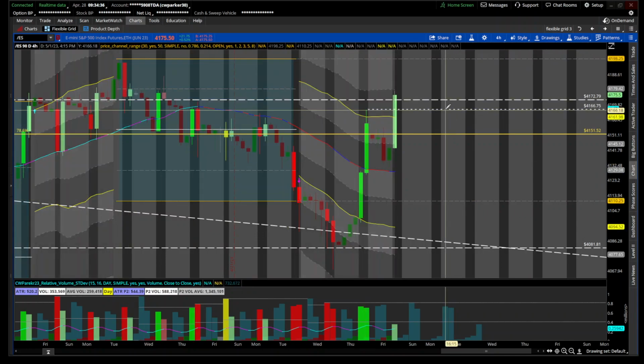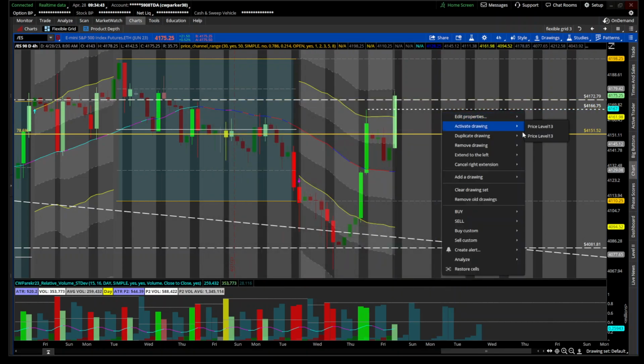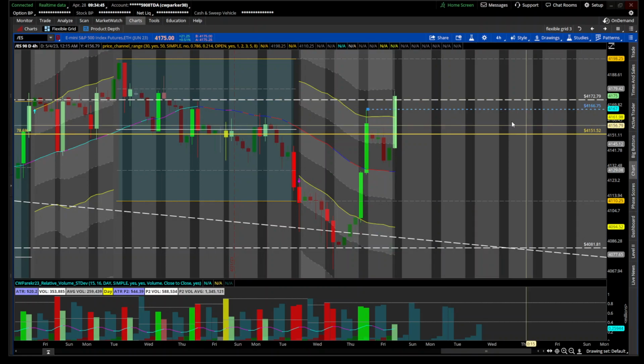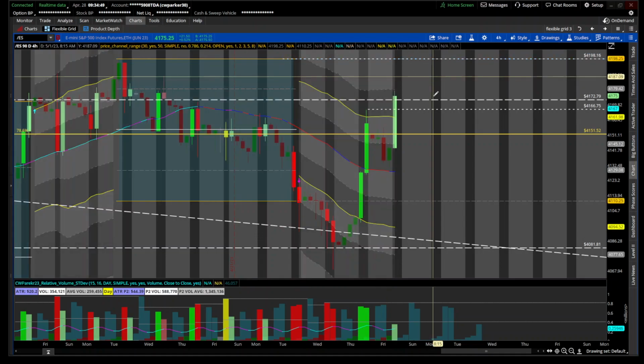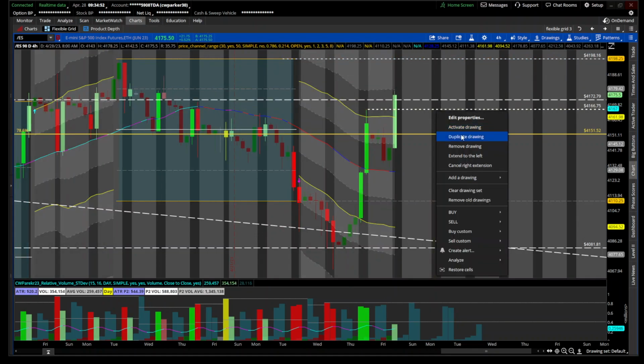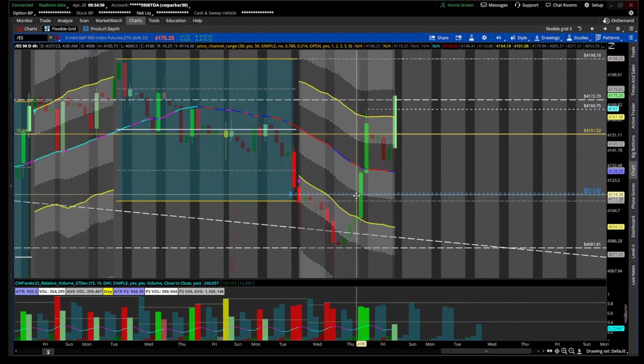But I would basically go through and mark out these highs and lows of these ranges. And I'll just duplicate this and pull it back to where it actually broke.